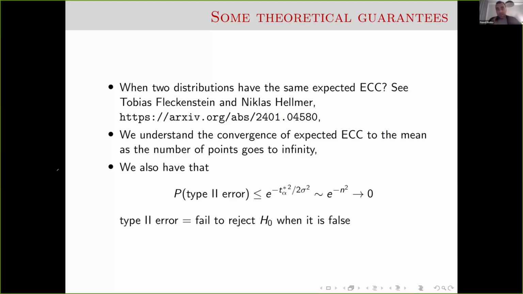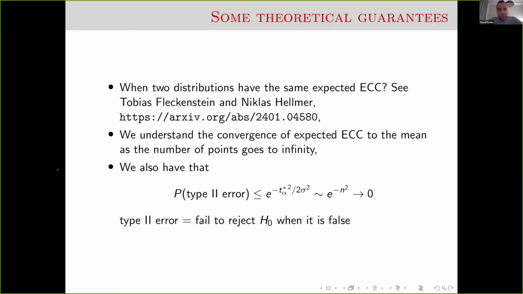And because we have a pretty good theoretical understanding of Euler characteristic, we are able to prove some limit behavior of the test. In the case when the number of points goes to infinity, we understand the process of the convergence to the expected Euler characteristic, to the mean.